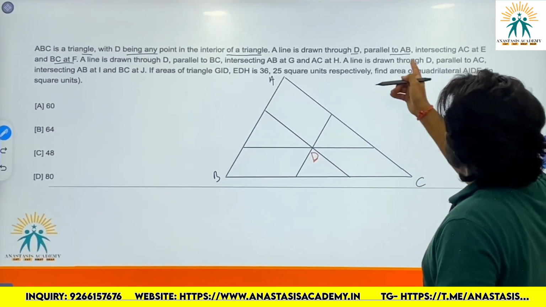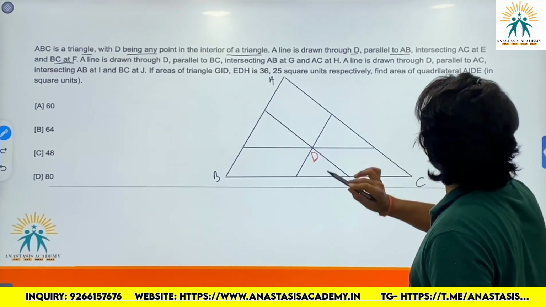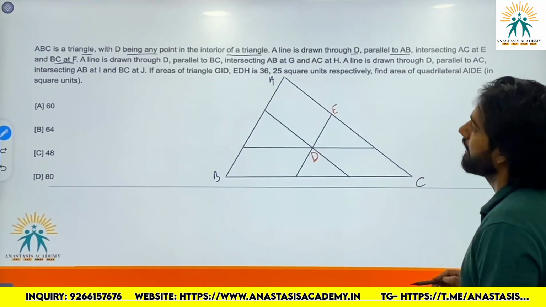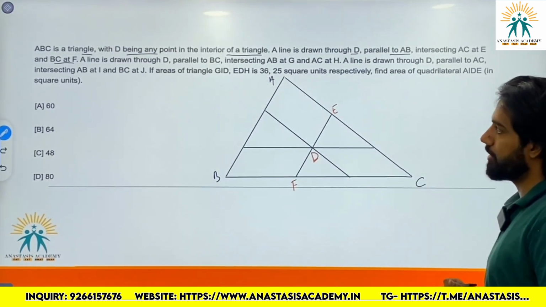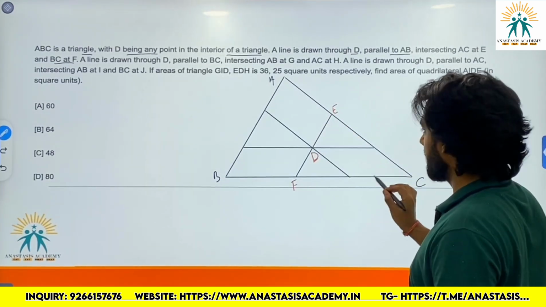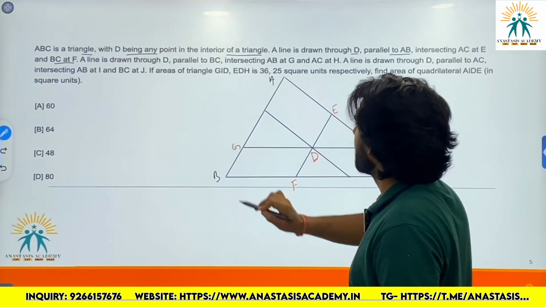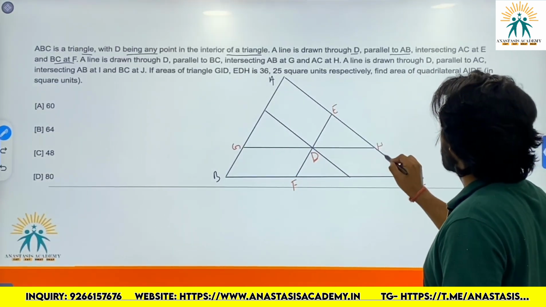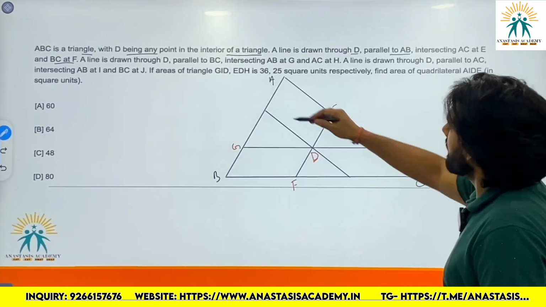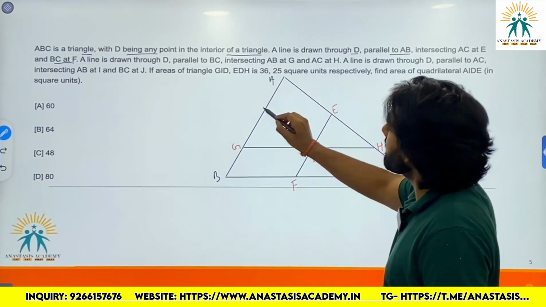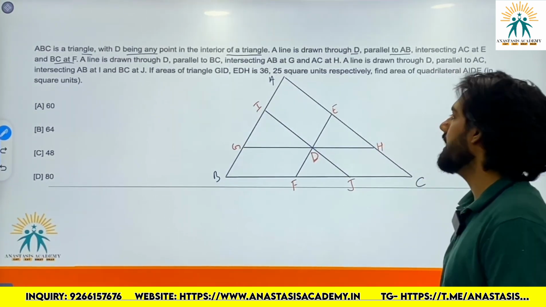The line which is parallel to AB intersects AC at E, and BC at F. A line drawn through D parallel to BC, that is this line, intersects AB at G and AC at H. A line is drawn through D parallel to AC, intersecting AB at I and BC at J.